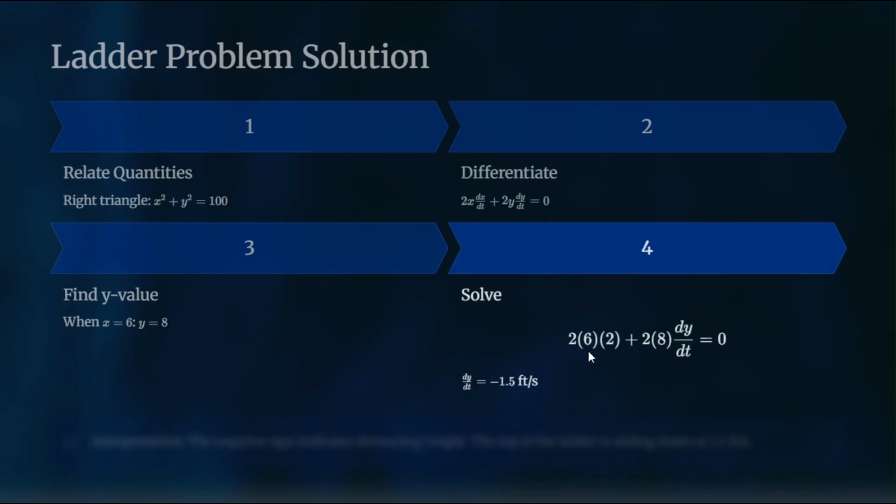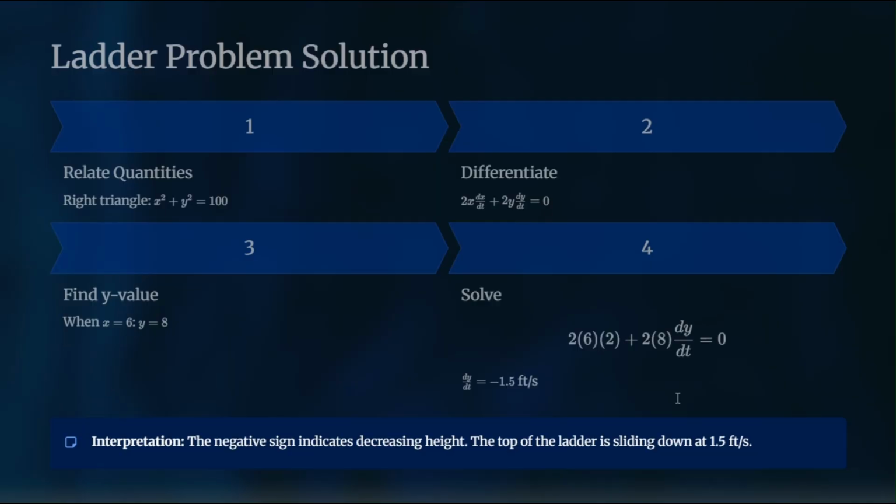So x is 6, dx/dt is 2, and we found that y is 8, and we're looking for dy/dt. So that will be 0 equals 2 times 6 times 2 plus 2 times 8 dy/dt. And solving for dy/dt, we'll find that that is equal to negative 1.5 feet per second. The negative sign indicates decreasing height. So the top of the ladder is sliding down at the rate of 1.5 feet per second.